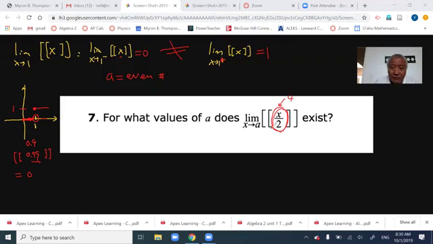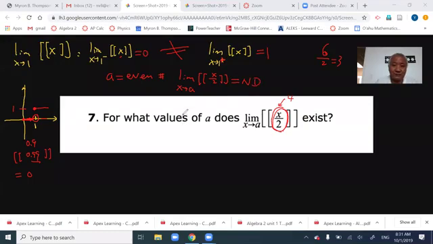Because this is x over 2, a must be an even number, since an even number divided by 2 gets an integer. For example, 6 divided by 2 is 3. As long as the whole inside is an integer, the limit of the greatest integer function does not exist.